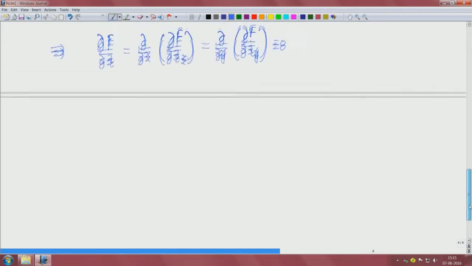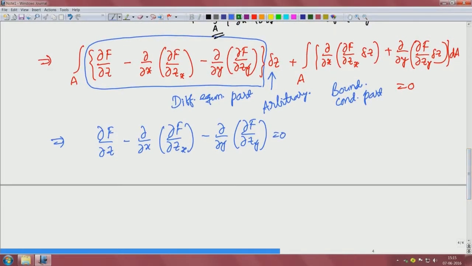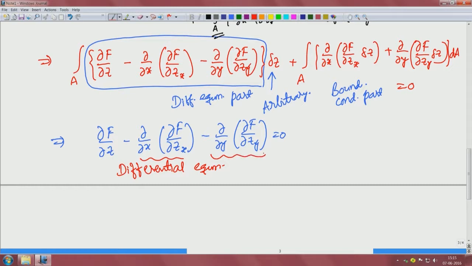Okay. So, that is our differential equation. In fact, if you recall, this is actually the Euler-Lagrange equation when there are two independent variables. If you recall, it was dou f by dou y minus d by dx of dou f by dou y prime, that is exactly what we have, only thing is with partial derivatives.